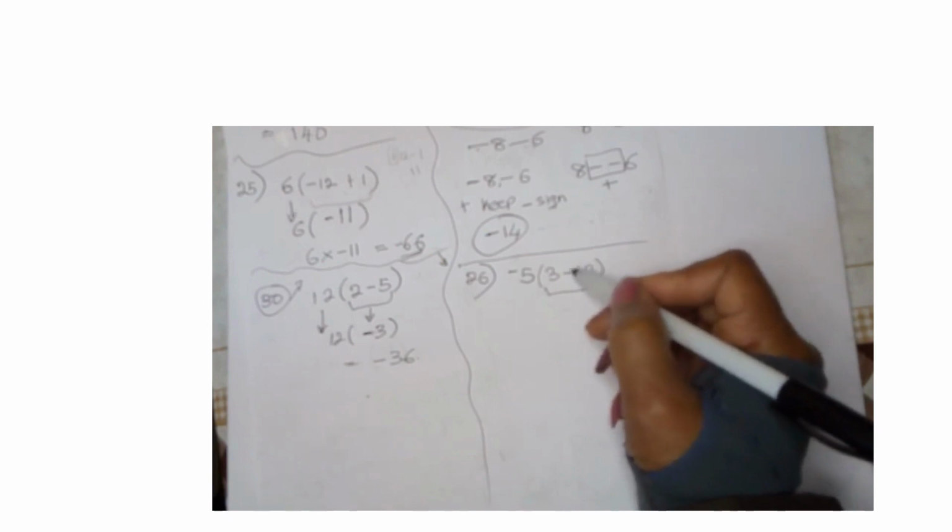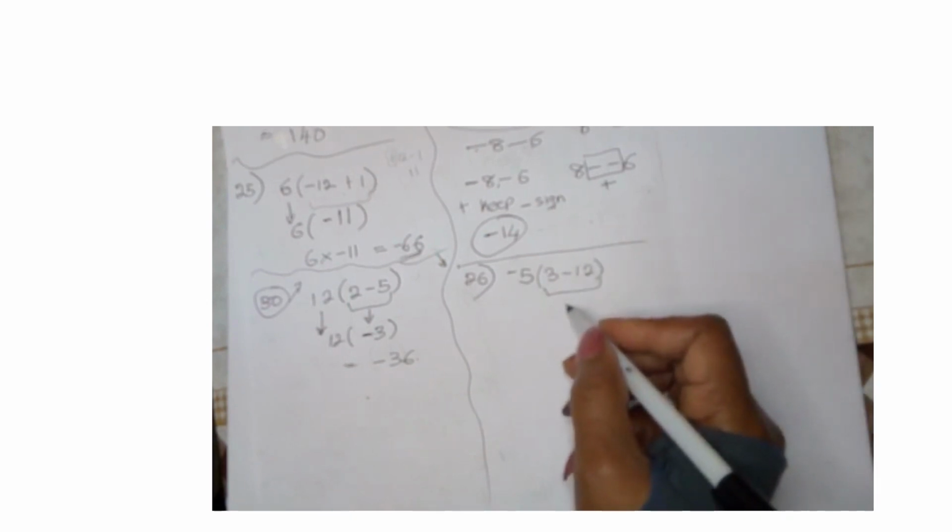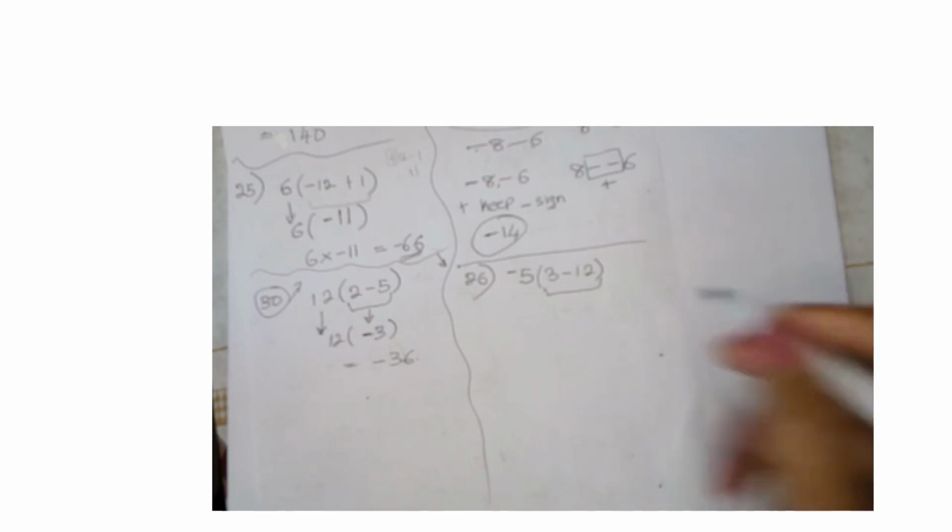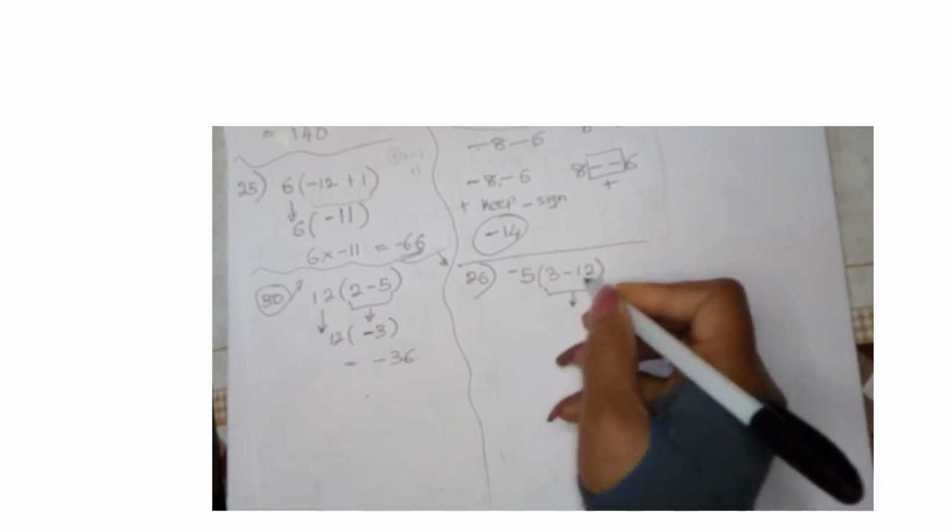So you have 12 minus 3. 12 minus 3 is going to give you 9. Remember, the bigger number is 12, so you keep the negative sign.